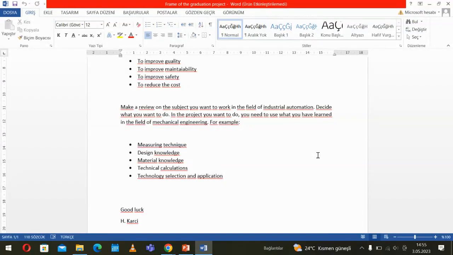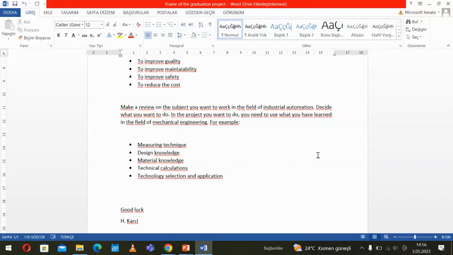Something is, as you see here, to improve the quality of an existing machine or machine part, or to improve the maintainability. There's also a problem regarding the maintenance.